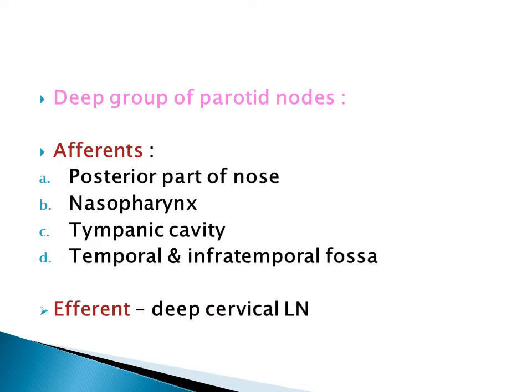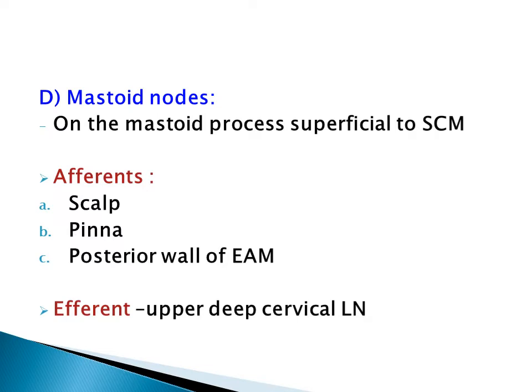From all these areas, afferents reach the parotid nodes. And from the deep group of parotid nodes, efferents arise and drain the lymph into the deep cervical lymph nodes.